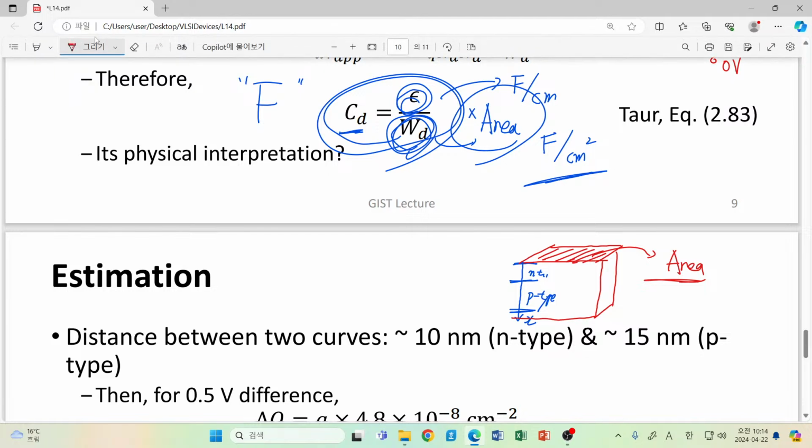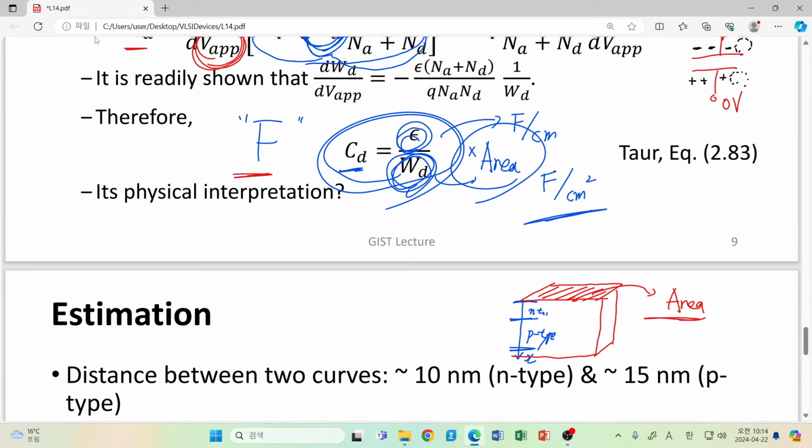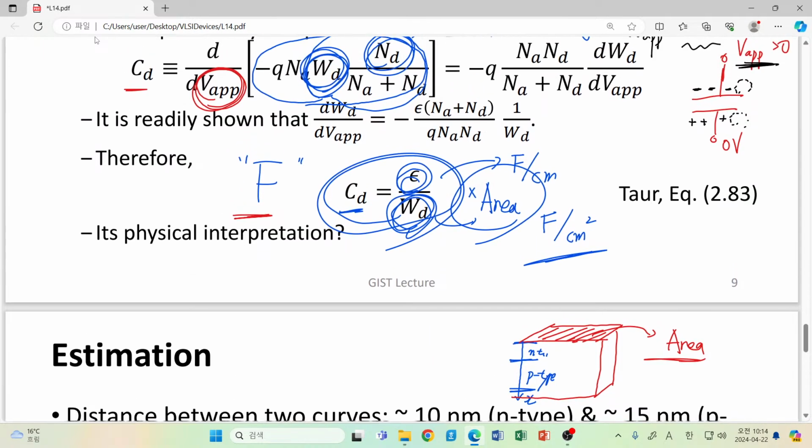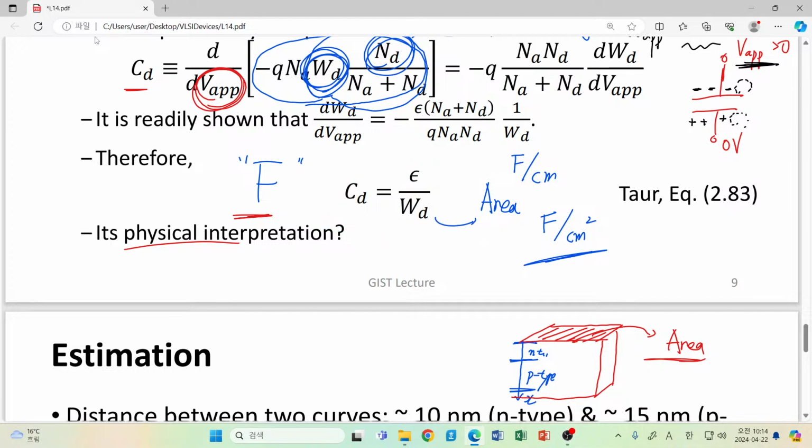to calculate the real capacitance written in farad unit. My final comment is related to this physical interpretation. When students first see this result, CD equal to epsilon over WD, they sometimes feel quite comfortable because the expression is quite simple and easy to remember.